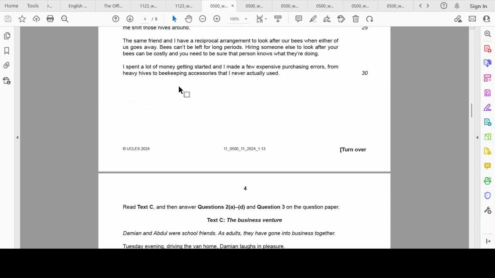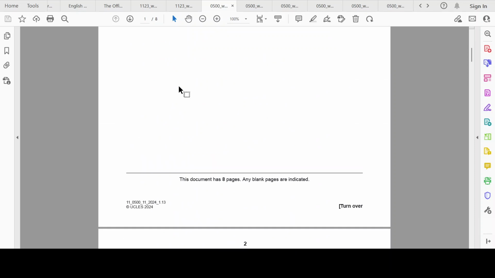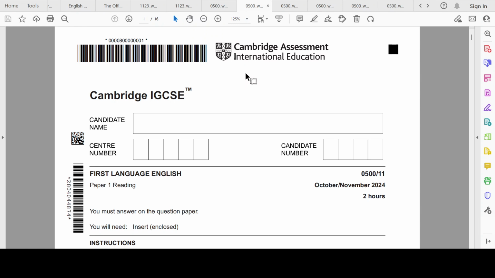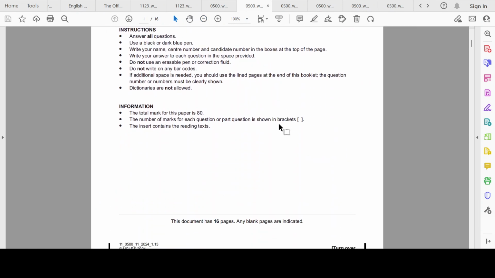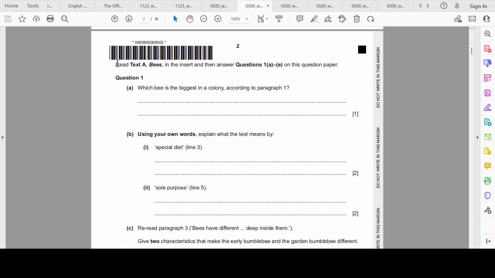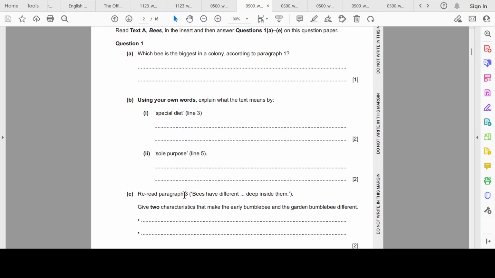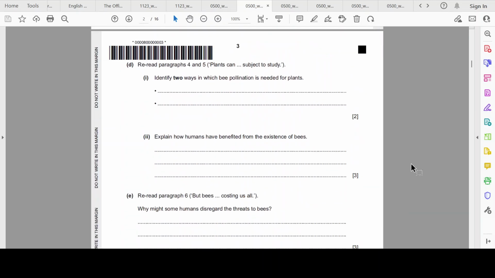Now, what kind of questions are we going to have to deal with, and are they any good to us? So, text A, taking a look at the question paper, it obviously tells you which questions to attempt from text A. So, you've got the standard comprehension questions from text A, which fall under question 1 of the 0500 paper 1, and these are obviously helpful.